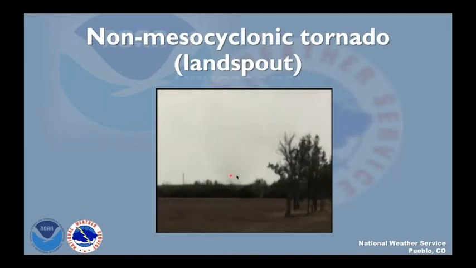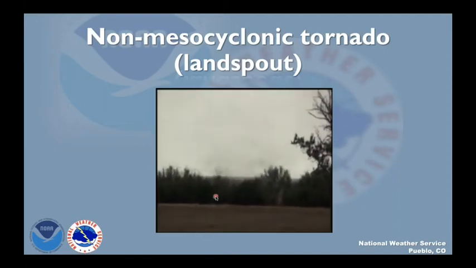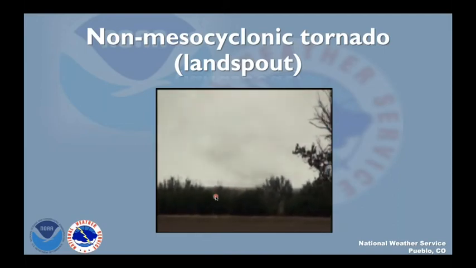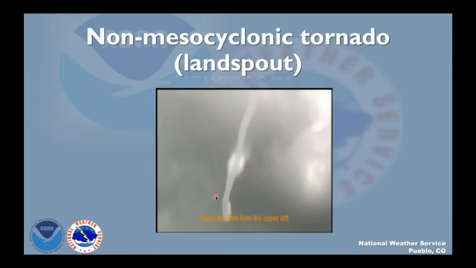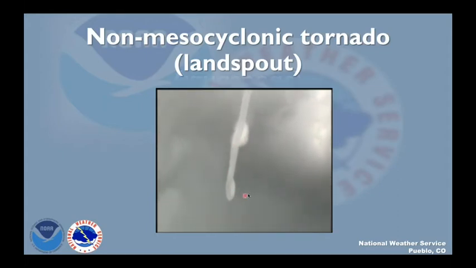As you can see, there's the debris. That's how you know it's a tornado, not just a landspout. And it has to be connected to the cloud base. So you can see cloud base connected to the ground at some point.